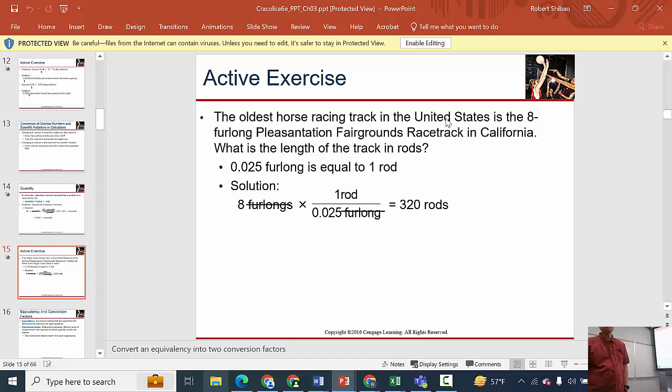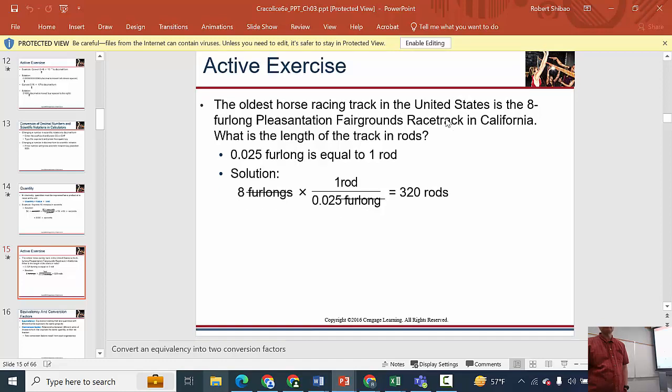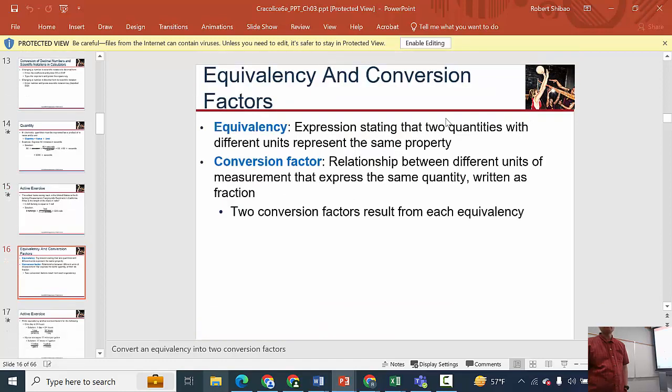Dimensional analysis, we just look at the units again here. This one, the furlongs and rods, I'm not going to ask you about furlongs and rods, so you don't worry too much about that. When we have an equivalency, like furlongs and rods, then we can express that in terms of a conversion factor. And so if we know that there are 0.025 furlongs per rod, that would be the equivalency.